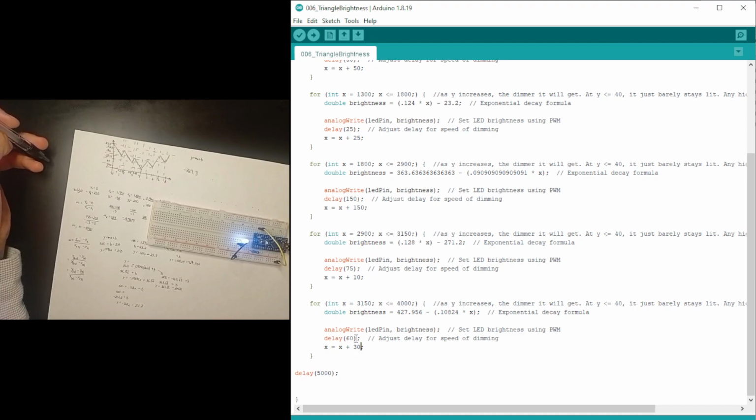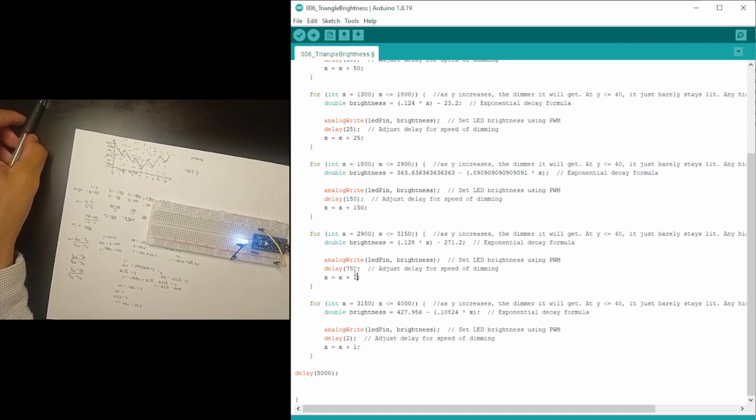If we want to decrease 850 points, 850 points at 1 millisecond each is about 0.85 seconds. And what if we did 2 plus 1? What does that do? It should make it more smooth, right? A bit, yeah.